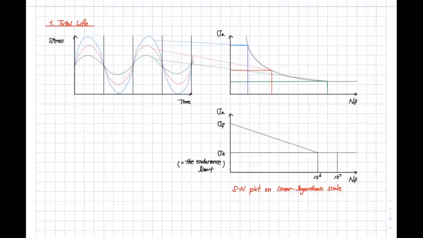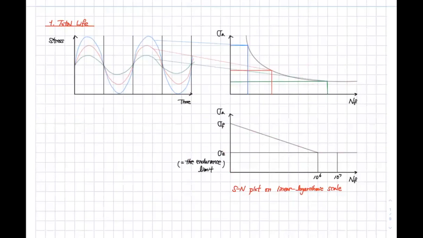You can say that this one is sigma UTS, the ultimate tensile stress, because what this means is that it breaks just one time, and that is the ultimate tensile stress, right? So it is your assumption. If you write your assumption, I will just say sigma f is equal or similar to the ultimate tensile stress, then you can go for it. It totally makes sense. Okay, so let's go to the Basquin law.